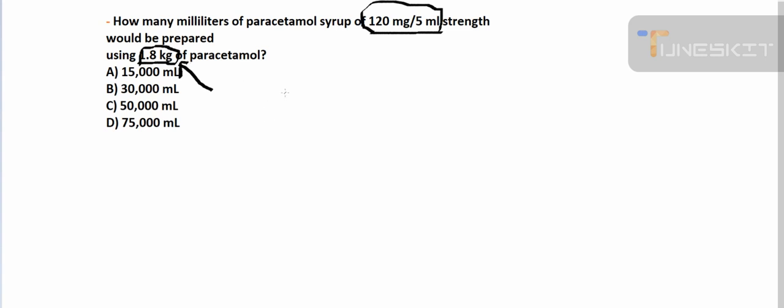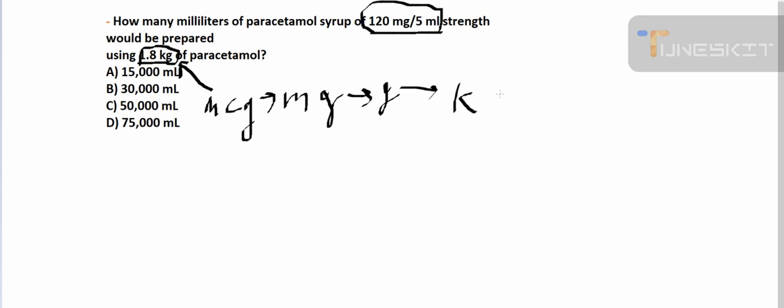As you know that mg is smaller, the smallest is mcg, microgram, then mg, milligram, then gram, and then kg, kilogram.